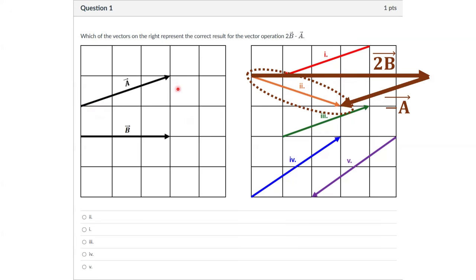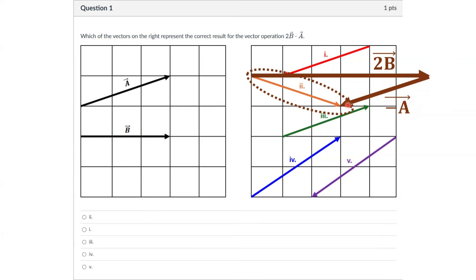And the way we do vector addition, which is what we've turned this into by making vector minus a, so this is now a vector addition of vector 2b plus negative a, is by taking the first vector, placing it somewhere, and then taking the vector you wish to add to it, in this case negative a, and placing the tail of the second vector onto the tip of the first vector. So this is vector negative a placed onto the tip of vector 2b. It then points in the direction it points, meaning it goes down 1 and to the left 3.